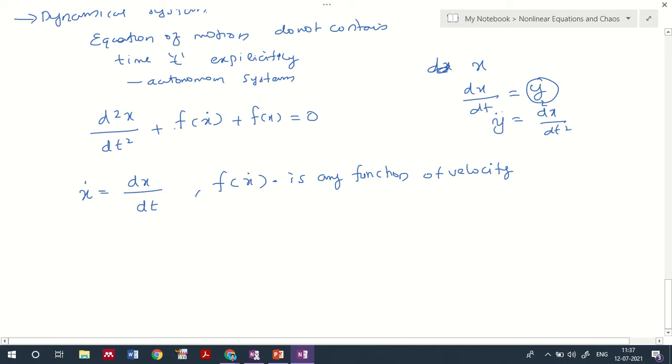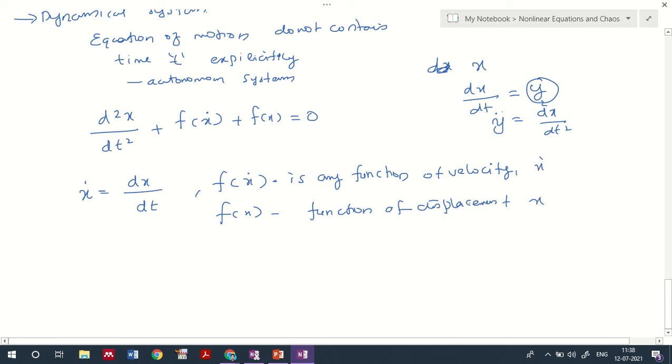So the second term will be any function of velocity, and the first one, f of x, is any function with respect to the displacement x. So f of x dot is a function of velocity, and f of x is a function of displacement x.